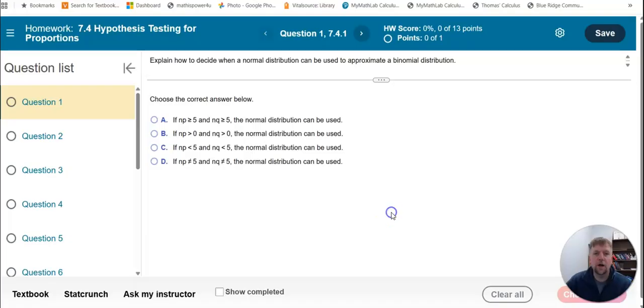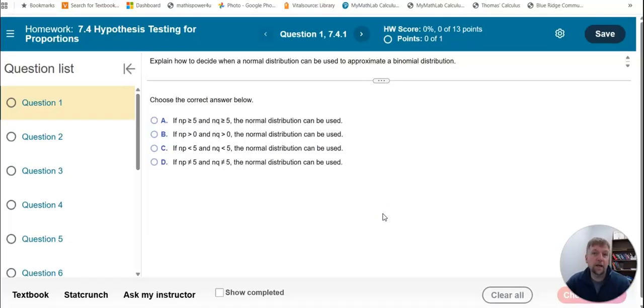All right, when can I use the normal distribution for hypothesis testing? Hypothesis testing is going to deal with the distribution of sample proportions, because there's the percent of the sample that have equality and the percent of the sample that don't have equality.